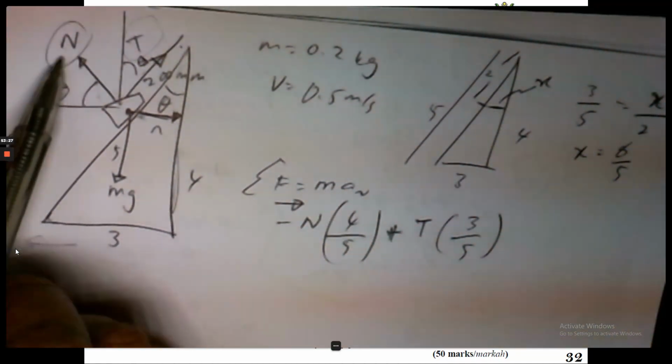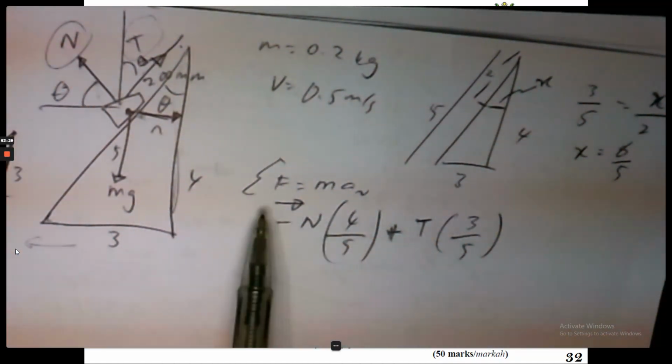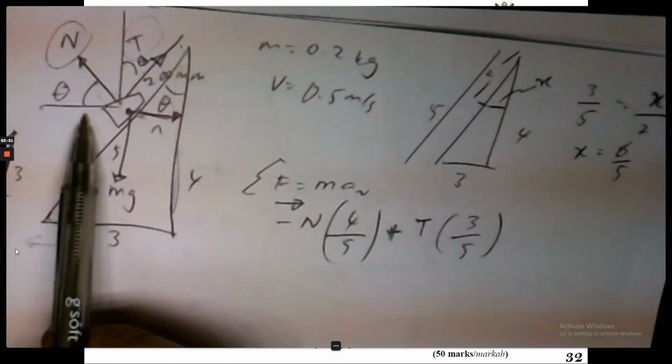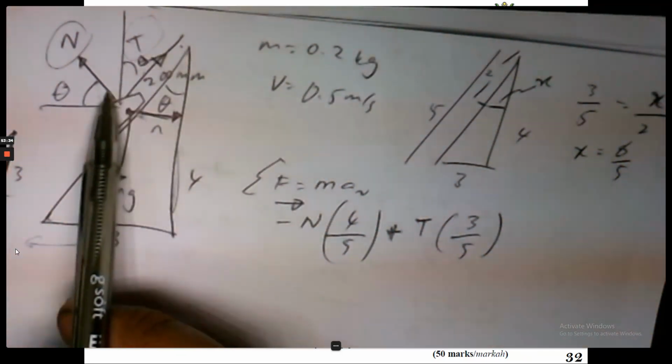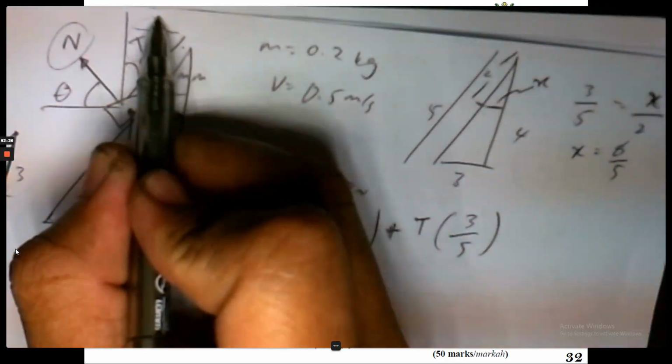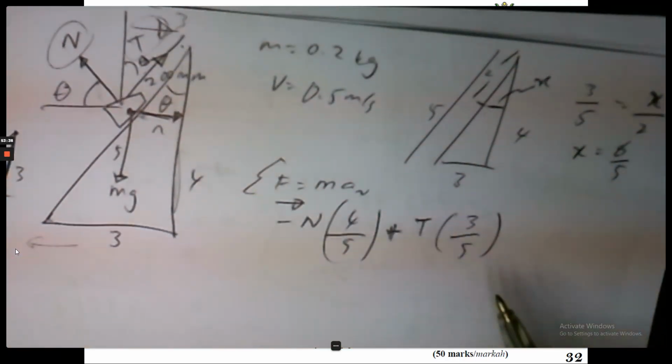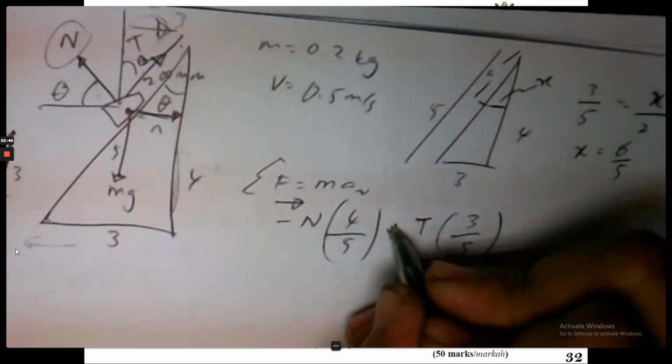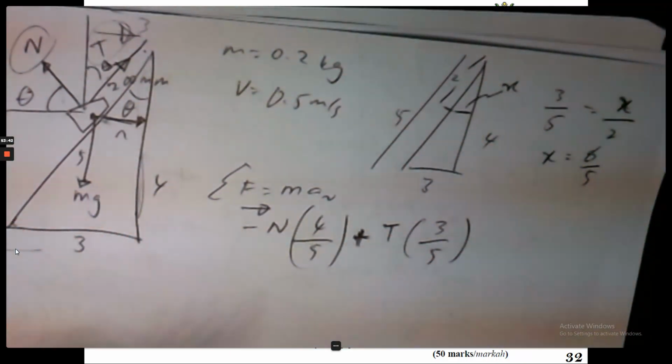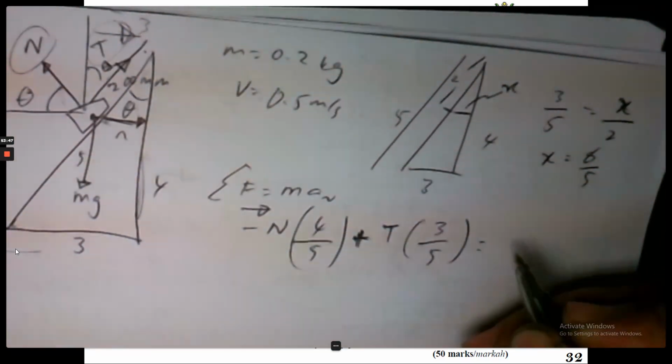So N component to the left is negative N 4 divided by 5 by using the trigonometry here, and here is 3, right? So plus T 3 divided by 5. Is there any more? No, there's no more.